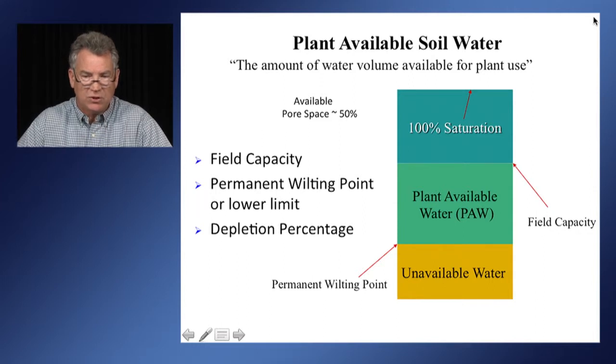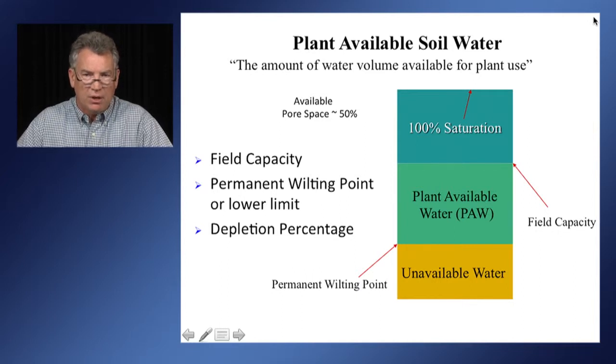If we take the difference between the field capacity value and the permanent wilting point value, we come up with an estimate of plant available water for that soil. This is important because it helps us get a sense of the volume of water at any given location in any given field.